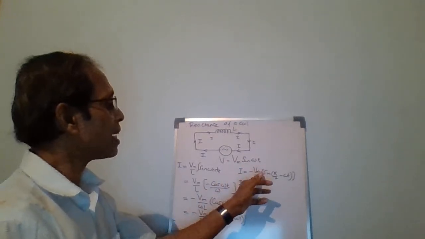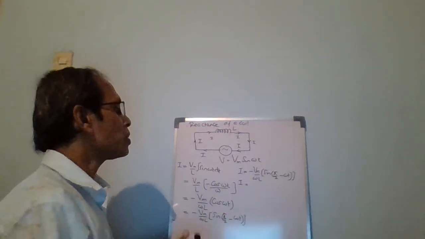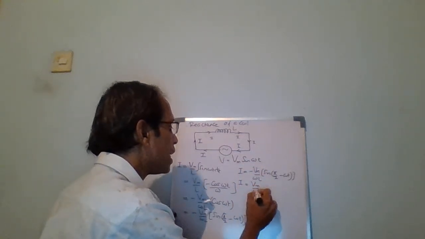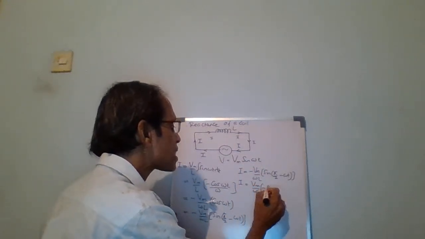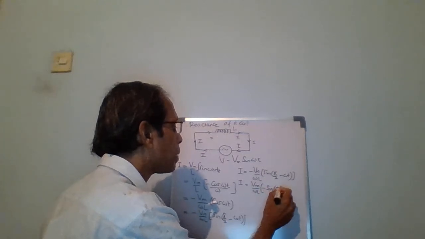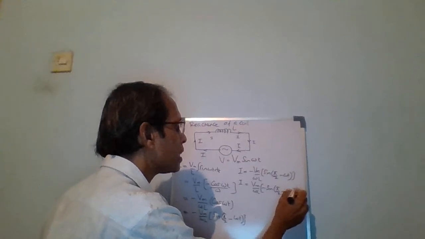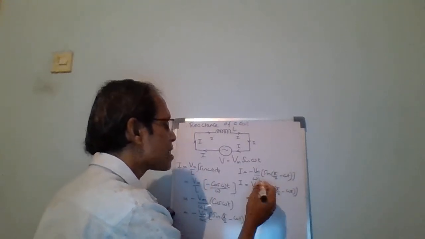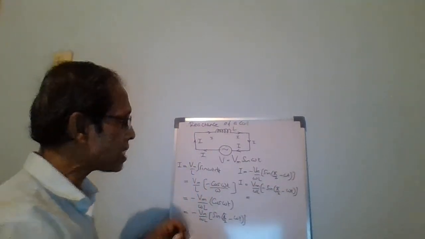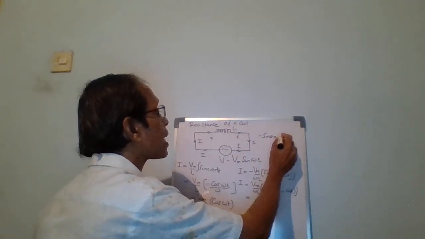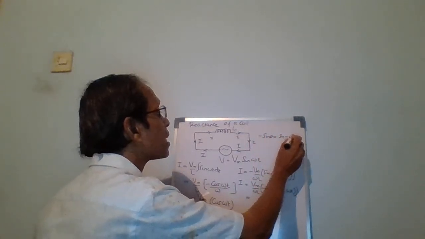The minus sign we can take into the sine here. Then we can say Vm divided by omega L into minus sin(90 minus omega t), or pi divided by 2 minus omega t. In trigonometry we have minus sin theta is equal to sin of minus theta.